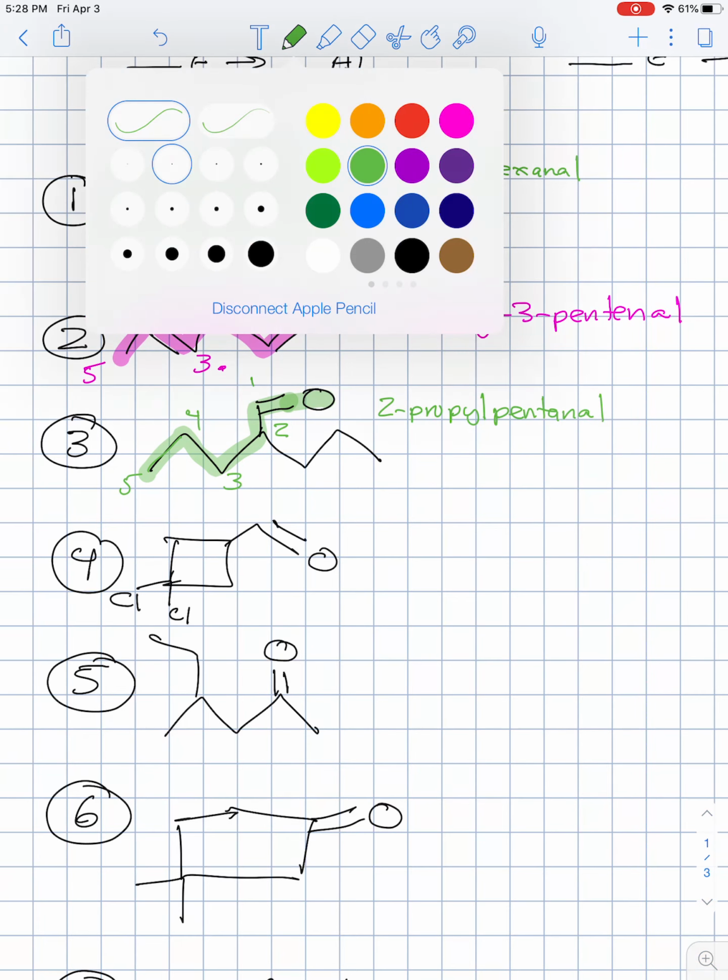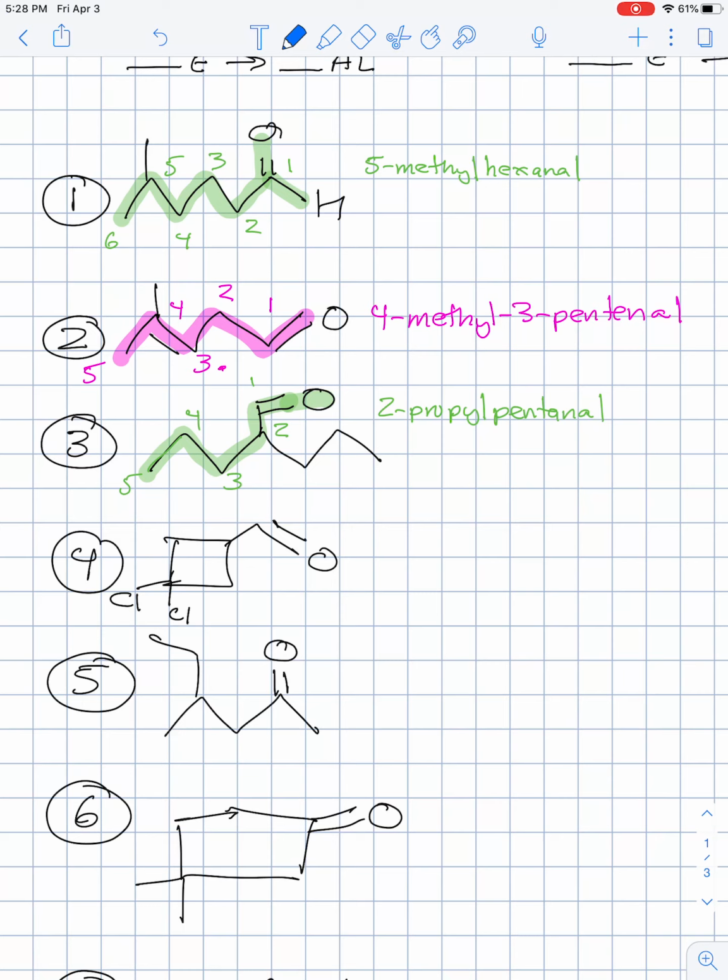Cyclic aldehydes present an interesting challenge because typically when we name compounds, we make the ring the parent, which is what we'll be able to do down in number 6 with that ketone. But we can't do that here.